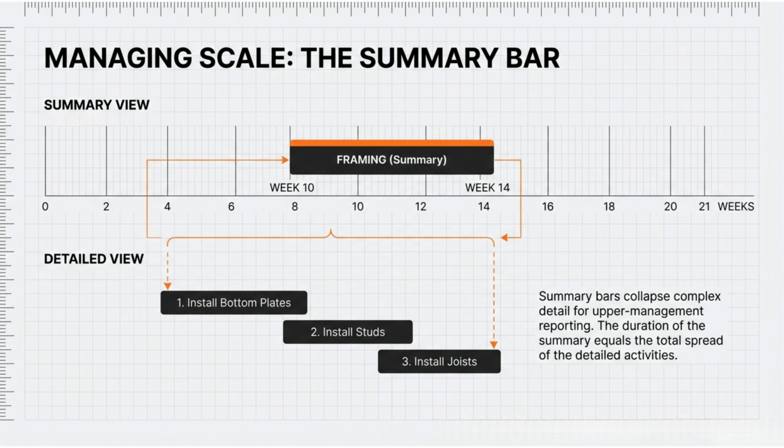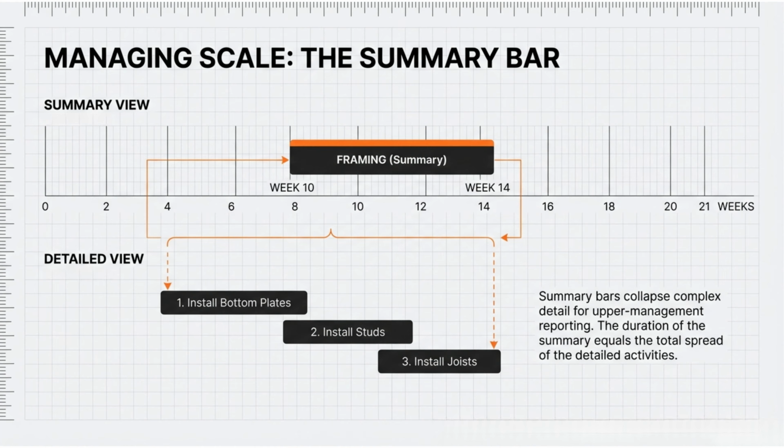The concept is wonderfully elegant. You group related activities, say all the tasks within the framing phase, and collapse them into a single summary bar that spans from the start of the first activity to the end of the last. That single bar says, framing runs from week 8 to week 14. That's all upper management needs to know.